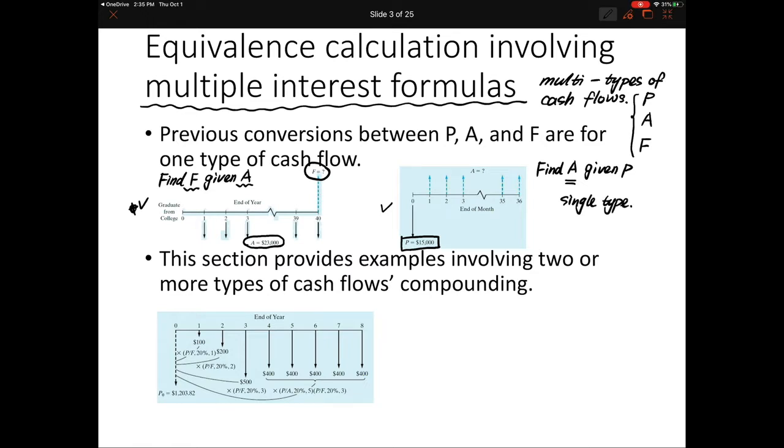Okay? But in reality, it's not always the case that you have a single type of cash flow to convert or compound to another time or to another type of cash flow. Usually what you have is, for example, on this diagram, during the 8 years, you have multiple types of cash flows going on.